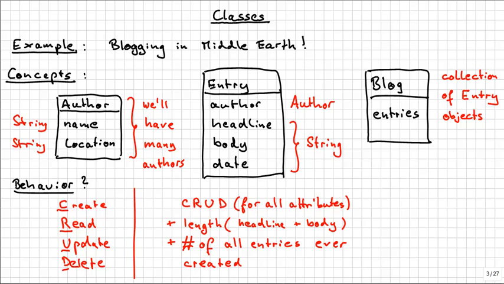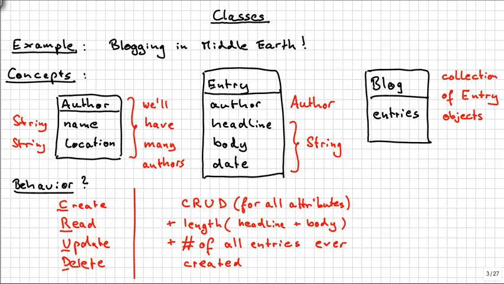We will also add a method to the entry class that will tell us the number of all entries ever created. So this is something associated with the class itself, not with each instance of the class.